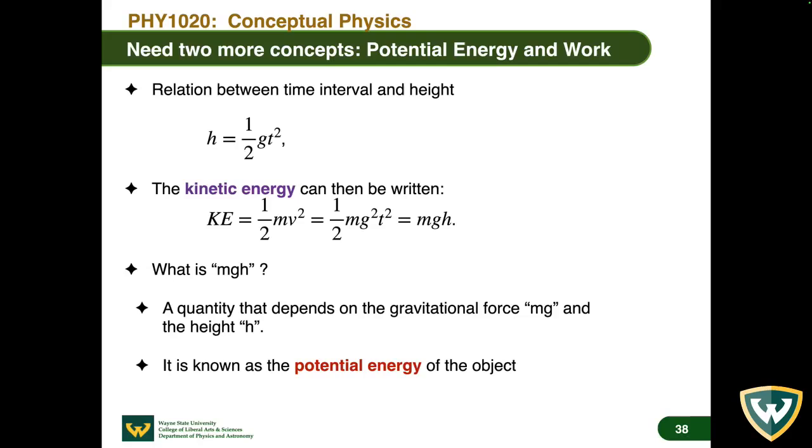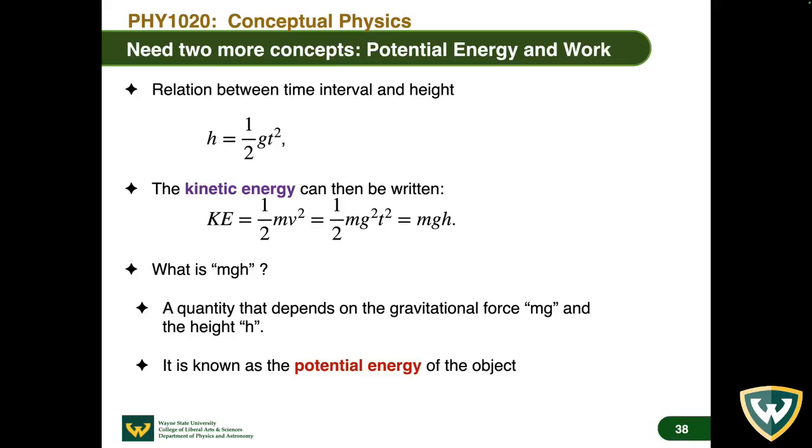So I can write that the height of fall is 1/2 gt squared, something we have seen before. And now I can use this expression to rewrite the expression of the kinetic energy.